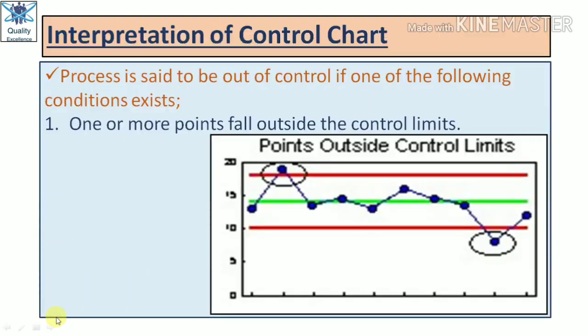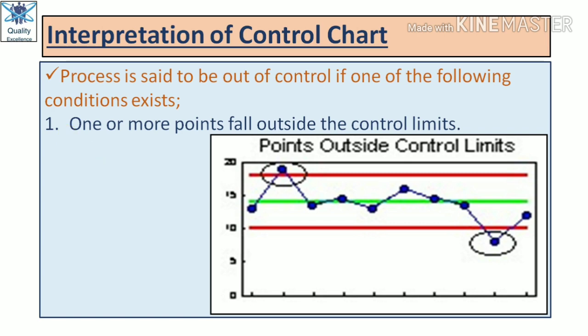Now let us start interpreting the control chart. Once we have plotted the control chart, if we do not interpret it, we will not get the benefit of plotting the control chart. So let us interpret the control chart. Process is said to be out of control if one of the following conditions exists. So we'll go through different conditions here, and if any of these conditions exists, it means the process is out of control.